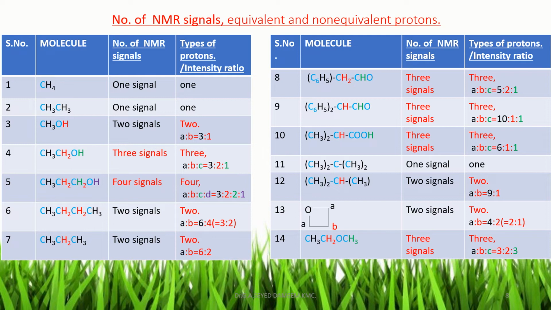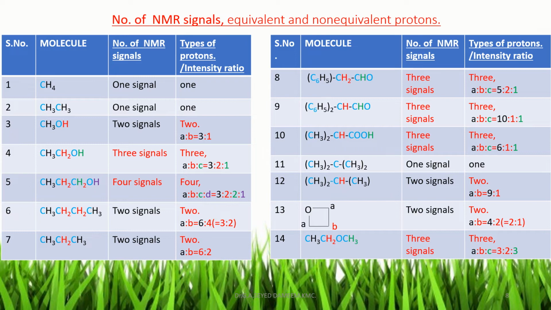For understanding, the first type, A proton, is in black color, B proton is red color, C proton is green color, and D proton is violet color. So A, B, C, D have different colors and the intensity ratio in this case is 3 is to 2 is to 2 is to 1.